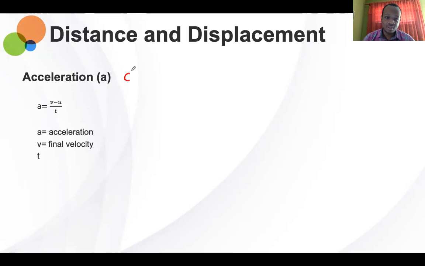Let's say the velocity is at 0 meters per second, and we increase it to 2 meters per second. We would accelerate, right?